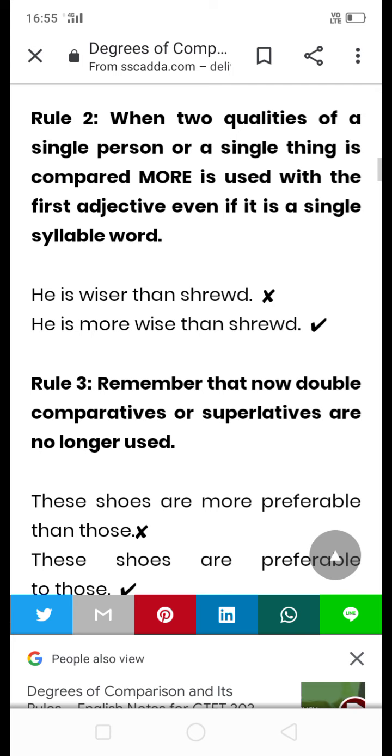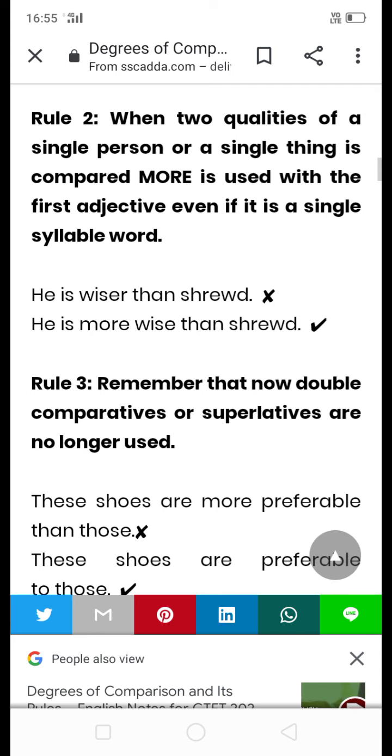Means he is wiser than, it is wrong. Or he is more wiser, it is also wrong. He is more wise than shrewd. Means when two qualities of a single person or a single thing are compared, more is used with the first adjective. Means before the first adjective we have to use more.